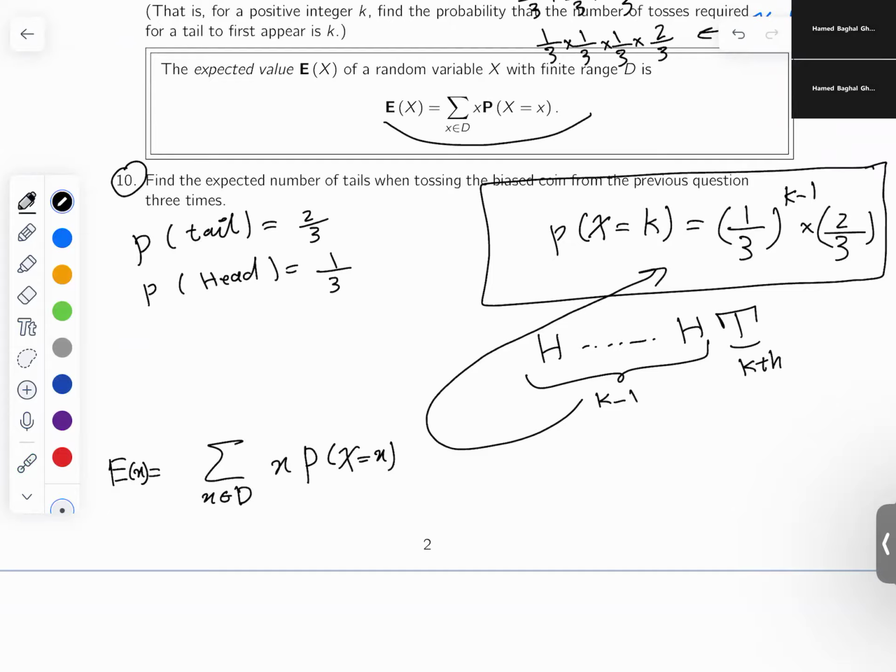Expectation of how many times? 3 times toss. Expectation of tail. X belongs to means just 3 times. Probability of X equal tail.